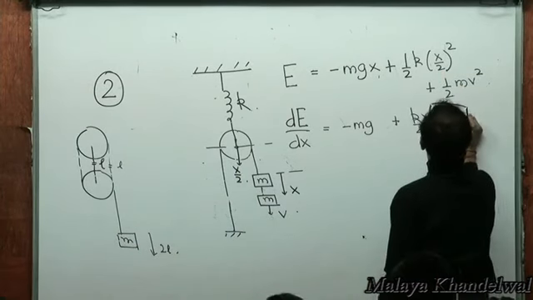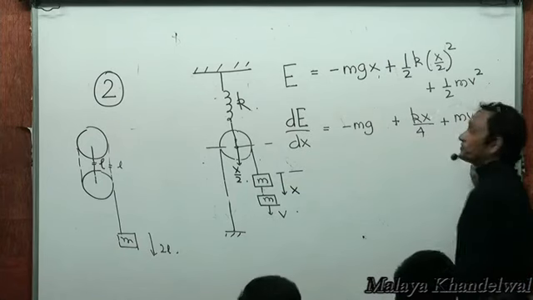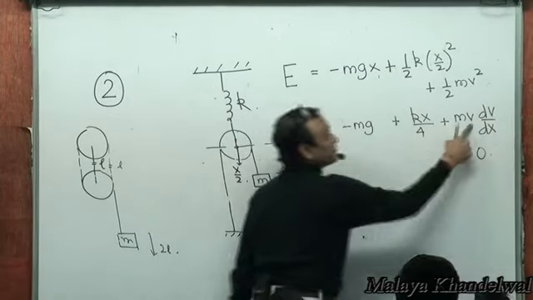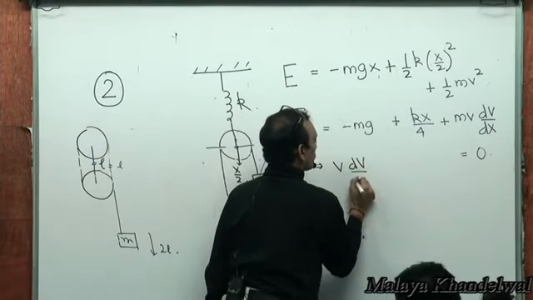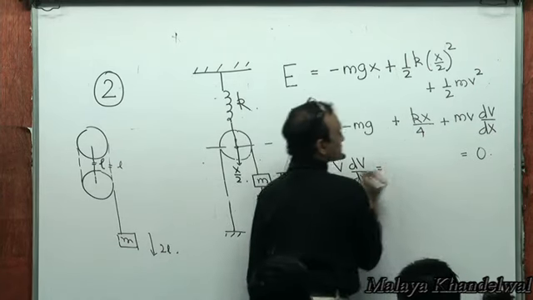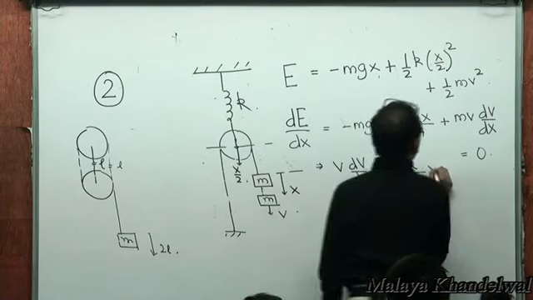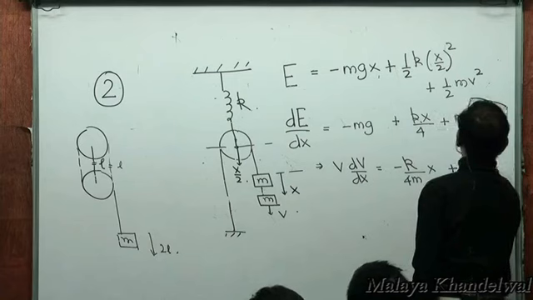Then mv dv/dx, all of this must be 0. So that gives me v dv/dx as minus k by 4m into x, right? Minus k by 4m into x plus mg.